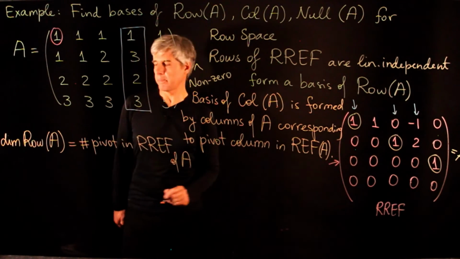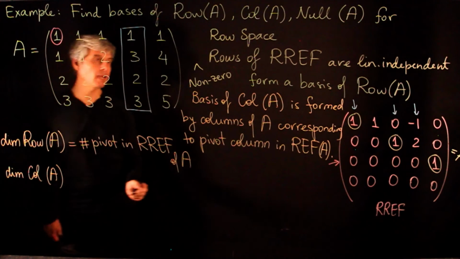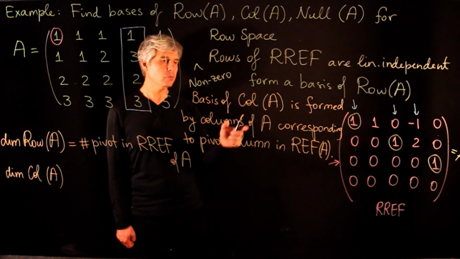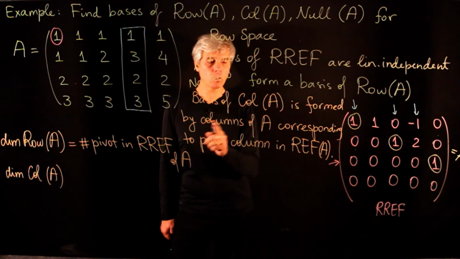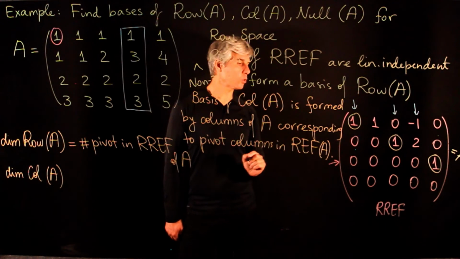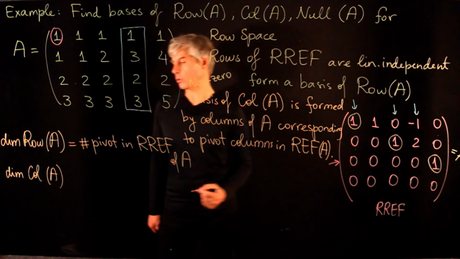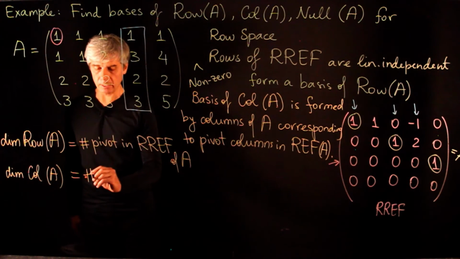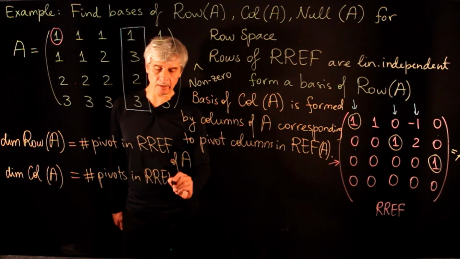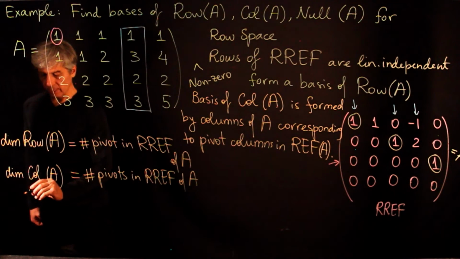Now, let us look at the dimension of the column space of A. The dimension of the column space of A is the number of vectors in the basis of the column space of A. And here we say that the basis of the column space of A is formed by columns of A that correspond to pivot columns in the reduced row echelon form of A. And so the number of pivot columns in reduced row echelon form of A is also equal to the number of pivots in reduced row echelon form of A. And what's the dimension of the null space of A?